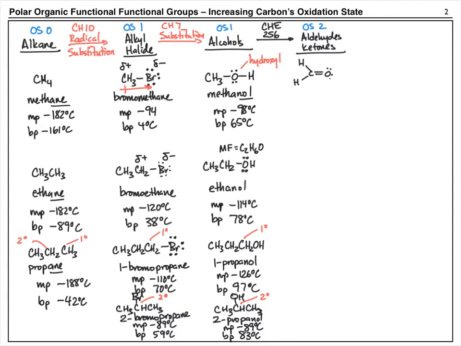An aldehyde has a CO pi bond and a carbon bonded to H. So we have now sp2 hybridized carbon. This molecule is called methanal. So an aldehyde ends in AL. The melting point is negative 92 degrees C. The boiling point is negative 19 degrees C.